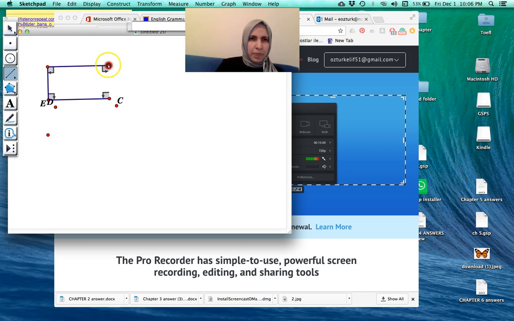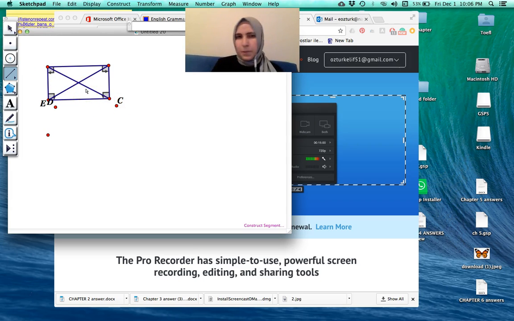Now I get a rectangle. Yes, I can say that these diagonals are symmetry lines, as you see that these lengths are the same and these triangles are the same.